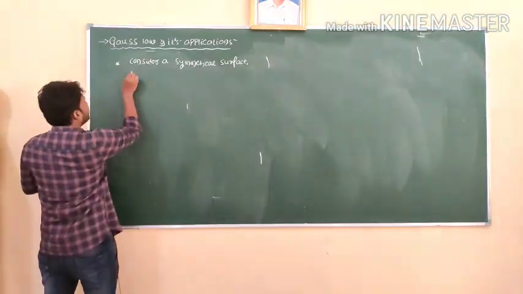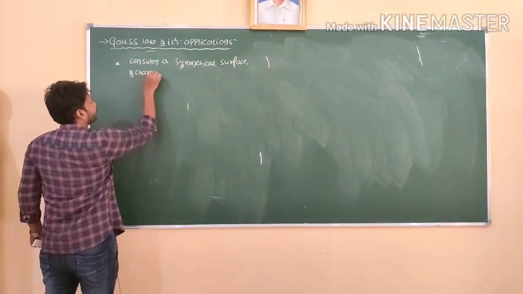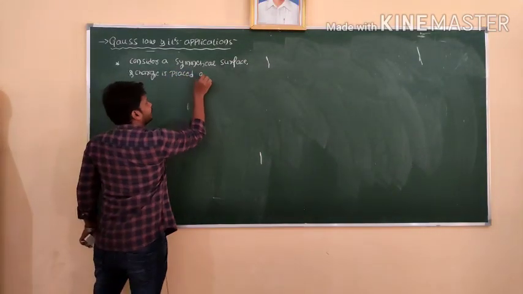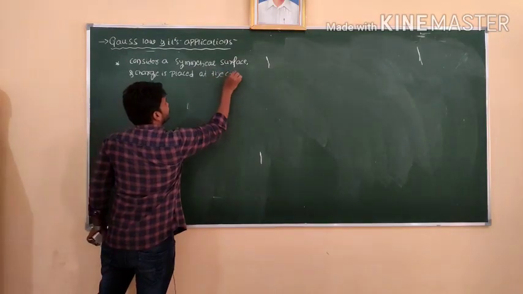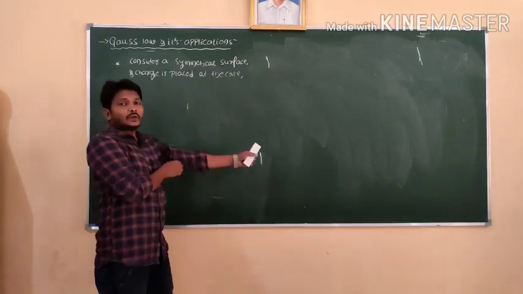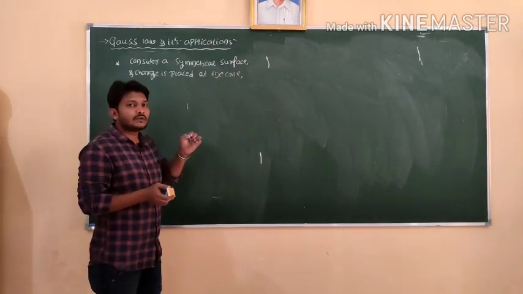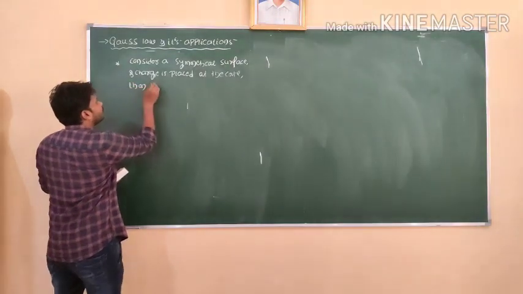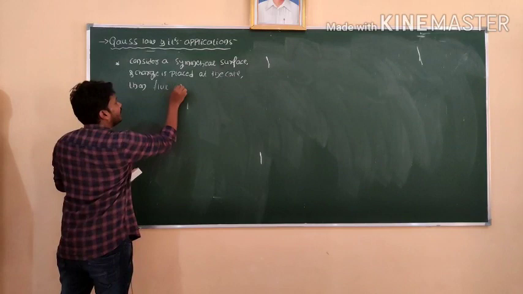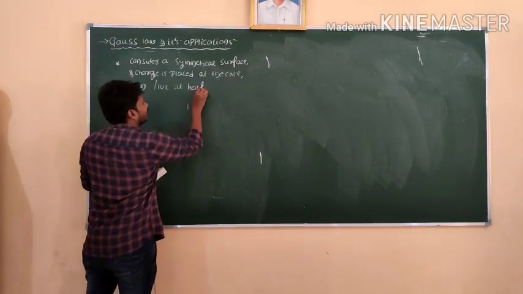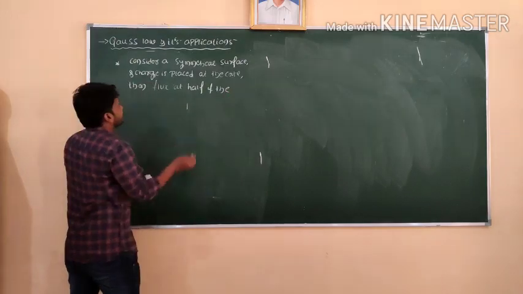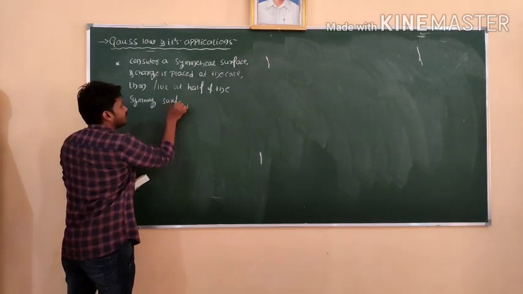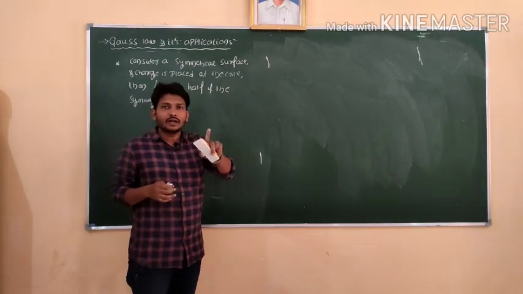Then the flux at half of the symmetrical surface: half of the symmetrical surface means I divided it into two equal parts.